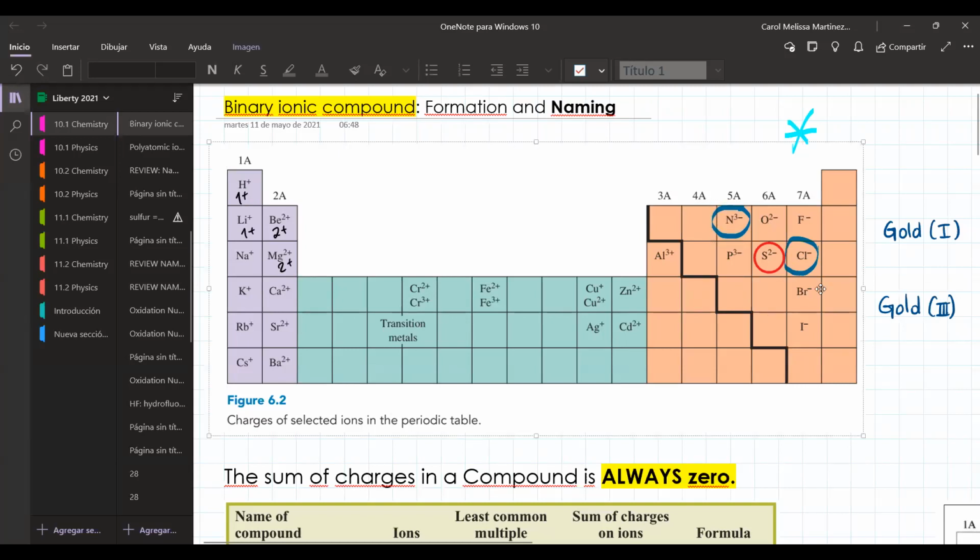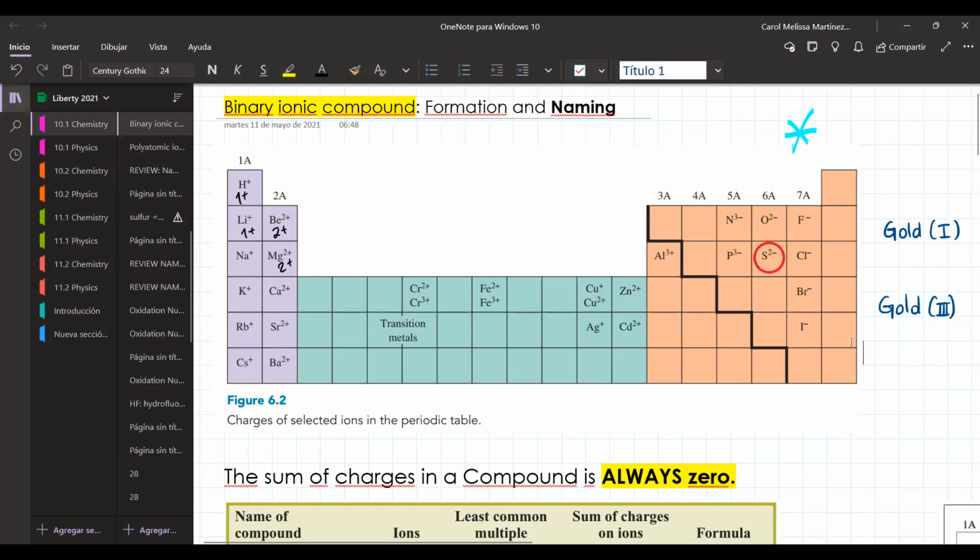For example, here highlighted in red, S2-. The ion here, S2-, is the one that we know as the sulfide ion. It is an ion that is used only in binary compounds.